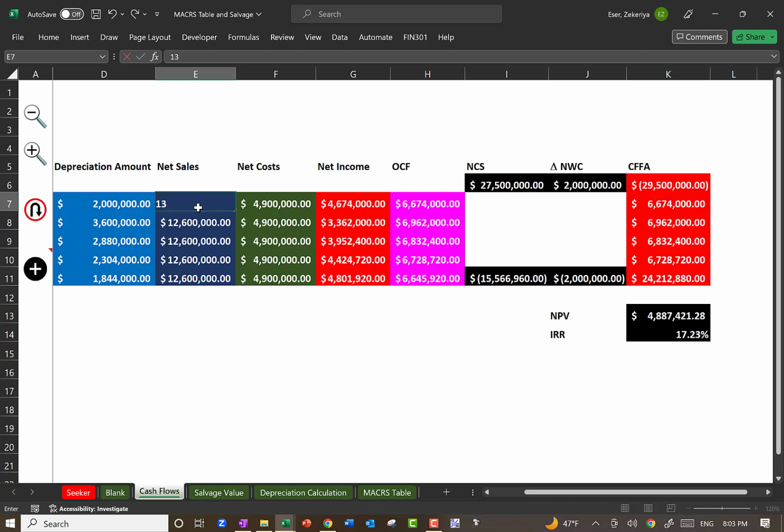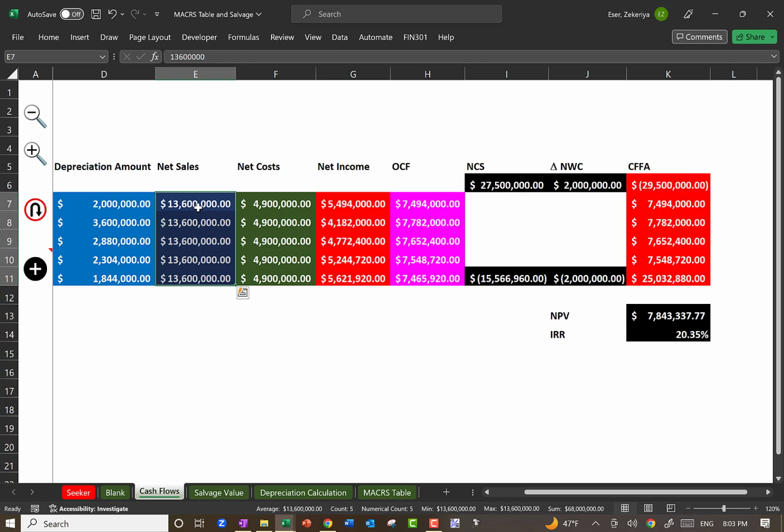Sales is going to go up to 13.6 net sales. And my NPV is going to go up to 7.8. So the effect of a $1 increase in the price is about $3 million.